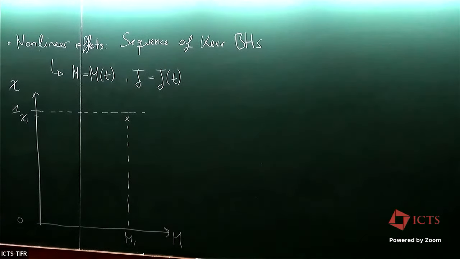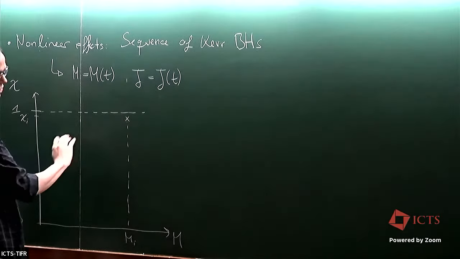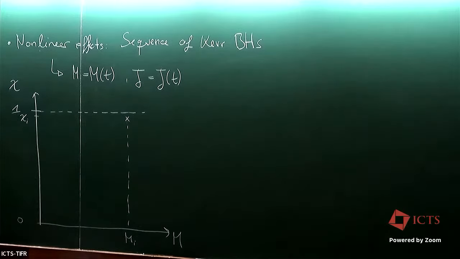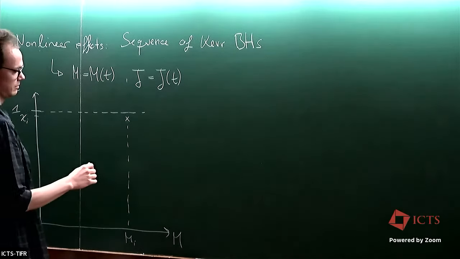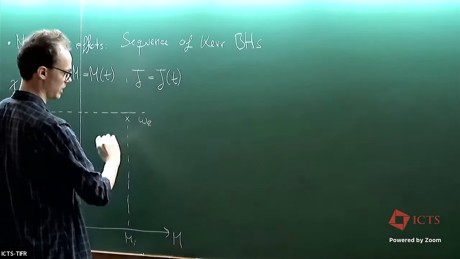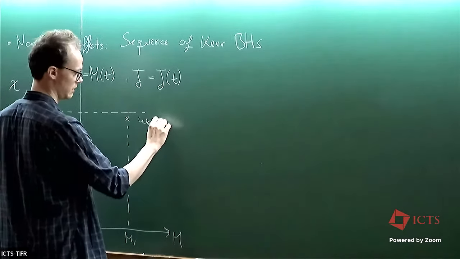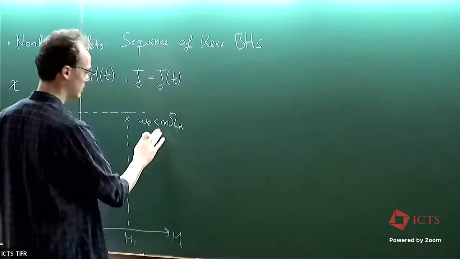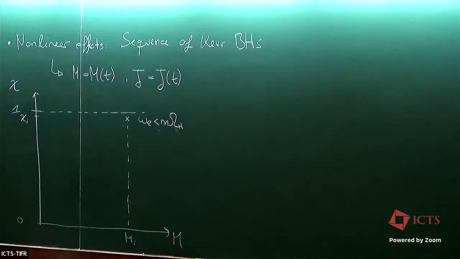And let's further assume that the black hole that we chose, or that the scalar field that exists around the black hole, satisfies the superradiance condition. So the frequency omega r is smaller than m times the horizon frequency of this black hole. Okay?